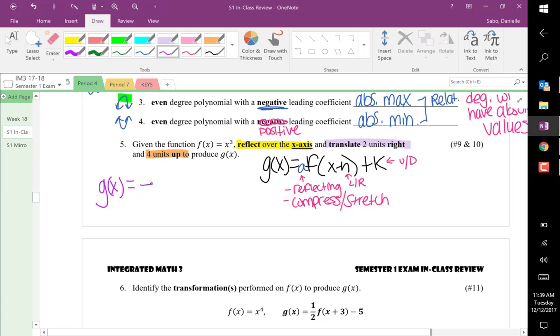A, very good. If I'm going 2 units right, is that going to be the H or the K? H, good. So I'm going to have x minus 2. Now if I'm going 4 units up, I'm just going to have plus 4 on the outside.